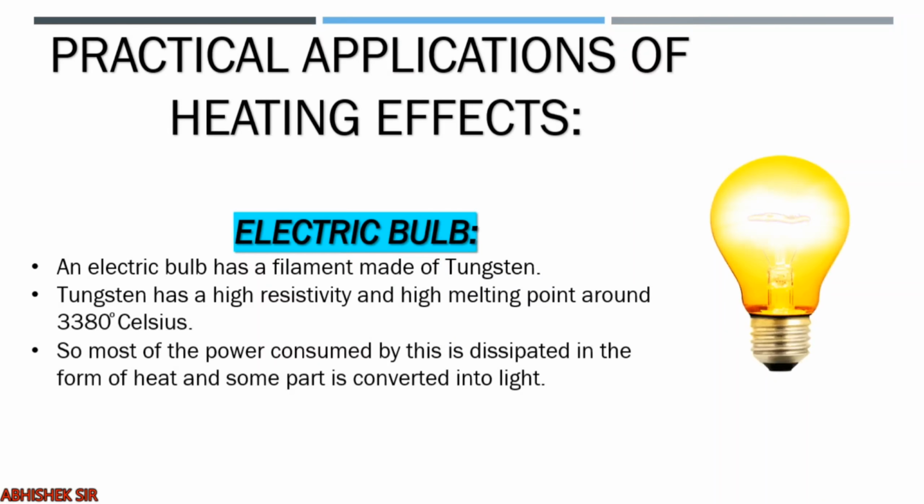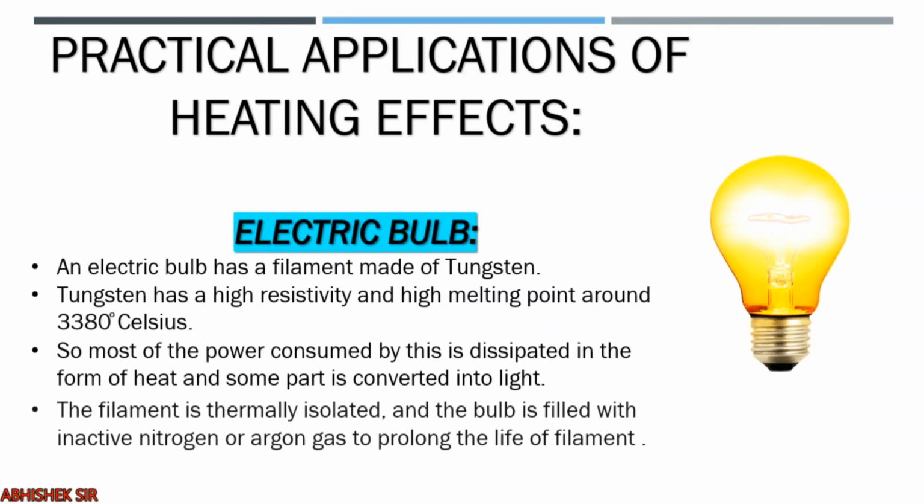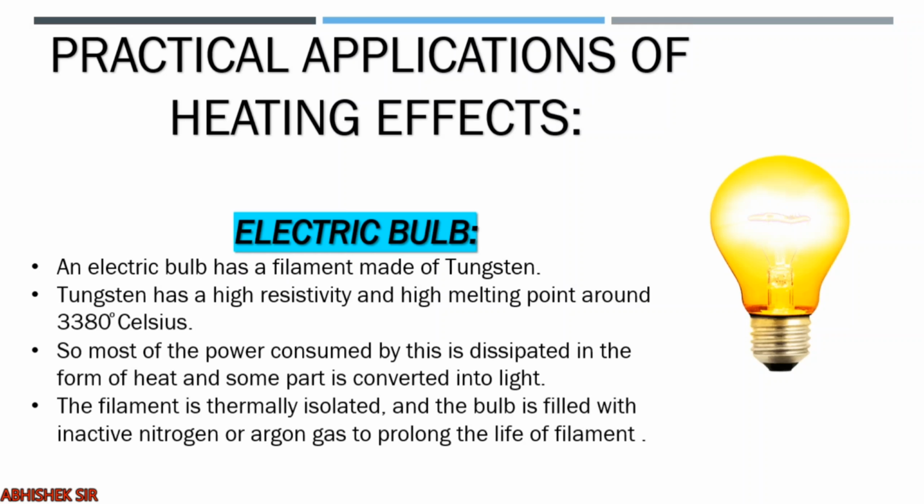But do we use the heat of the electric bulb? No, we do not use it because it is dissipated. It is lost in the environment. So the only part that we are using is the light. Electric current is converted into heat and light; heat is being wasted, light is being used, right? Now if heat is produced and the bulb is made of glass, the glass will easily melt or break.